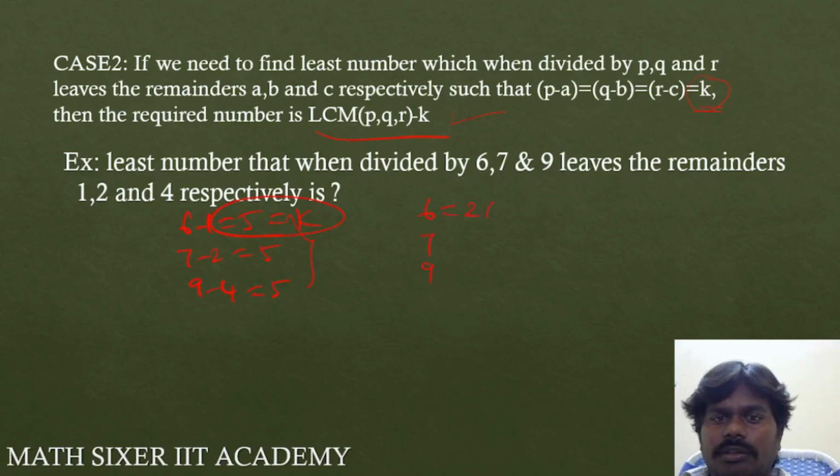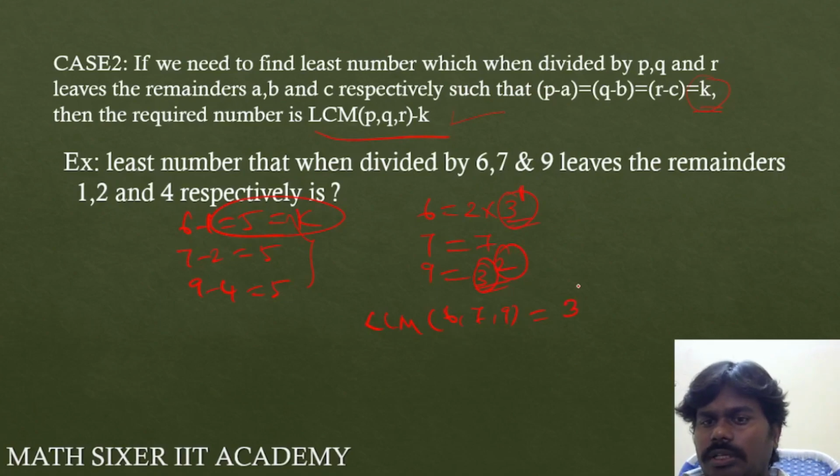So here 6 is 2 into 3, 7 is a prime factor, and 9 is 3 squared. Now the LCM of the numbers 6, 7 and 9 is the product of the greatest power of the common factors and the remaining factors. Here the common factor is 3, but the power is 1 and 2, and among 1 and 2 the greatest is 2.